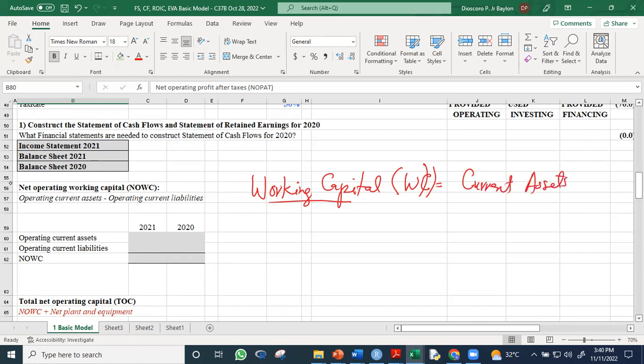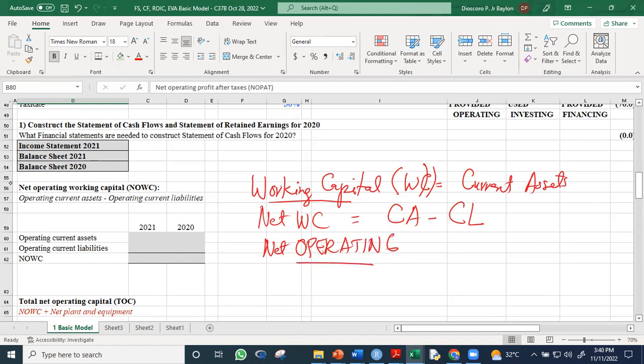So if you have net working capital, that's actually your current assets minus your current liabilities. So that's net working capital. Now, in this case, it's not net working capital, it's net operating working capital. We have here the presence of the word operating. So this is your NOWC.